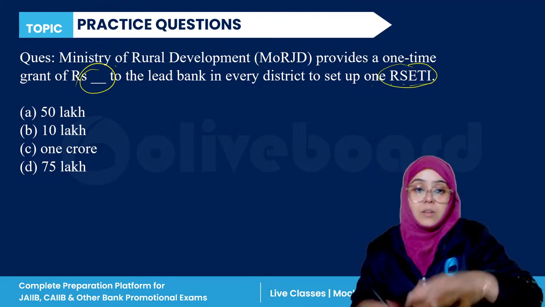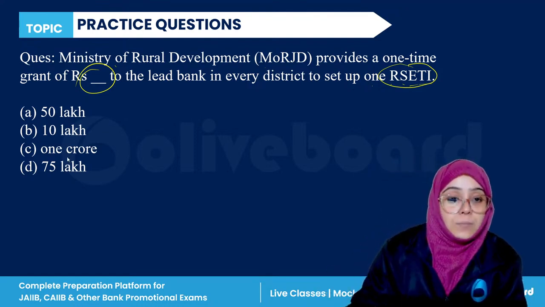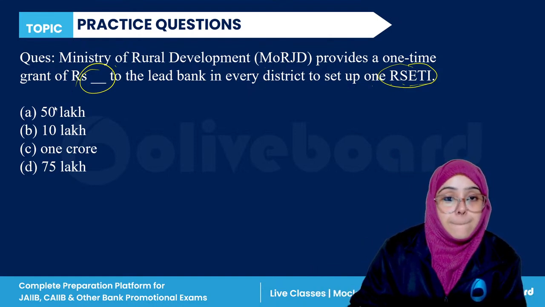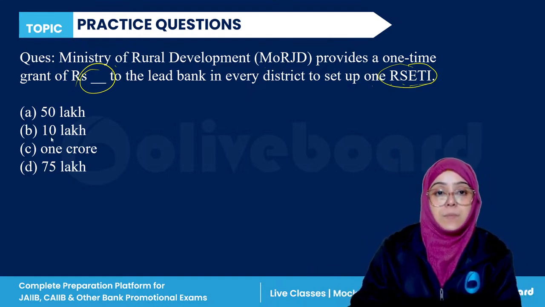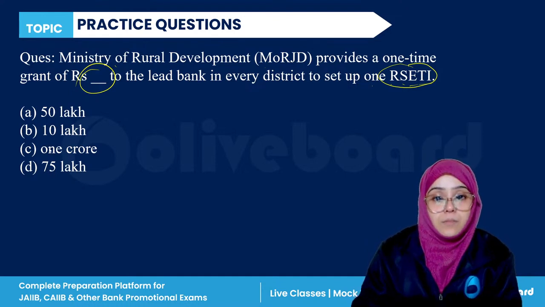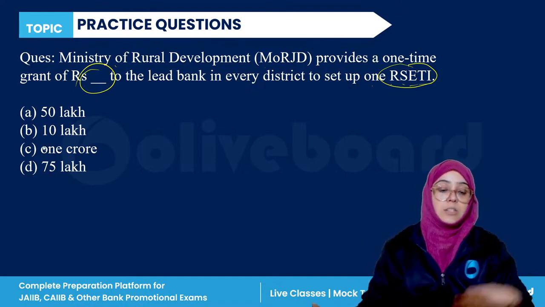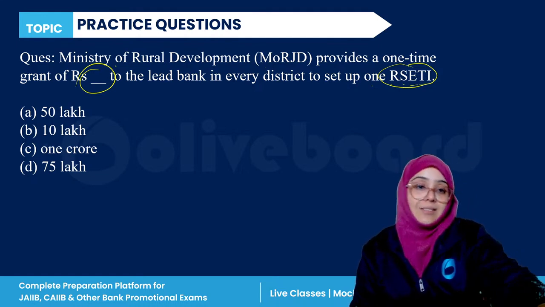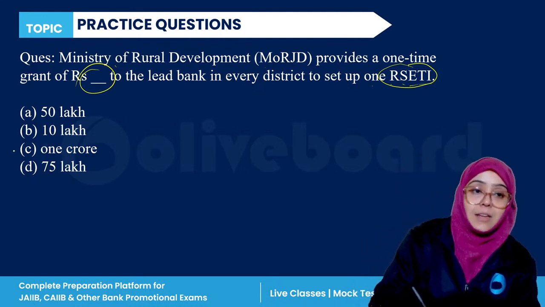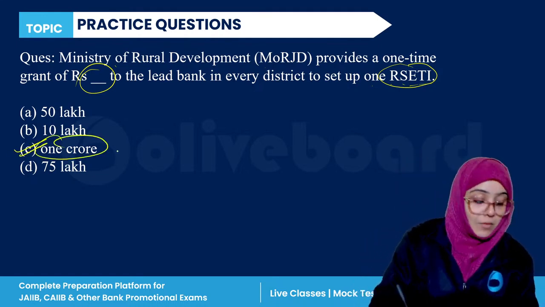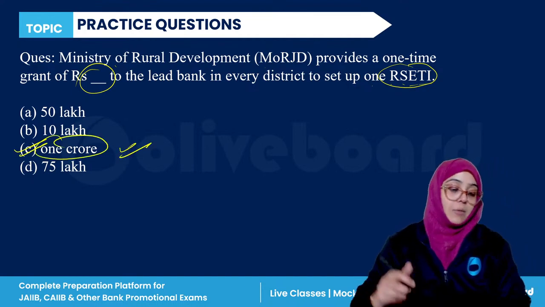Everyone, please answer this question. So the correct answer is what? Yes, it is 1 crore. No, no, it is C, 1 crore. Anju, it is 1 crore.